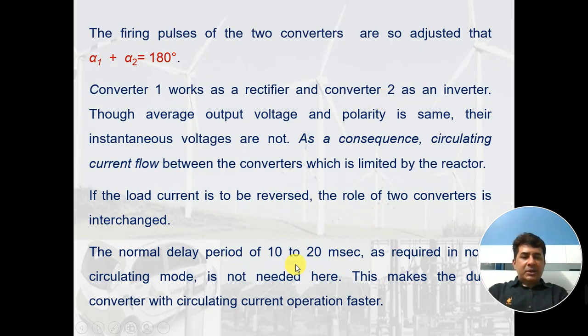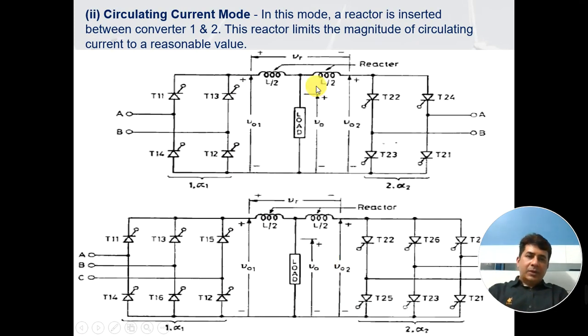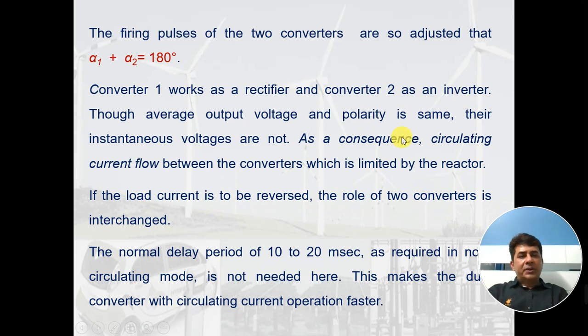This delay period is not necessary because we have already included the reactors in it, and both the converters are connected to the firing circuit. So both the firing angles of these two converters can be changed immediately. So the changeover from one quadrant to any other quadrant is easily possible in the circulating current mode.